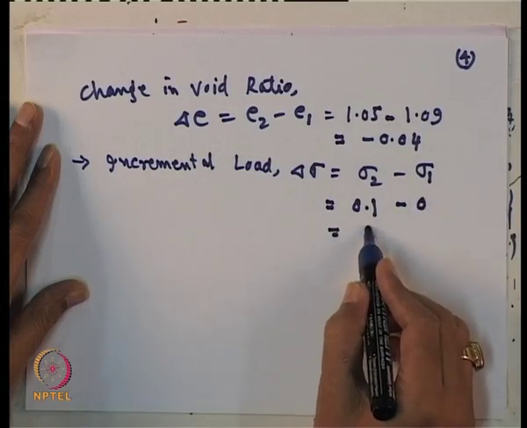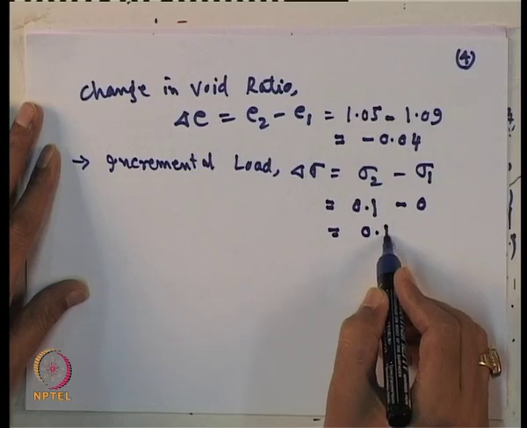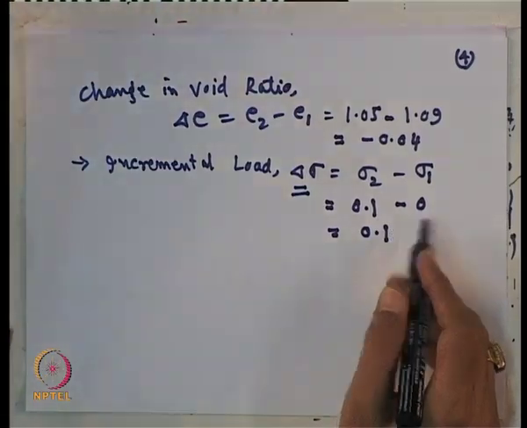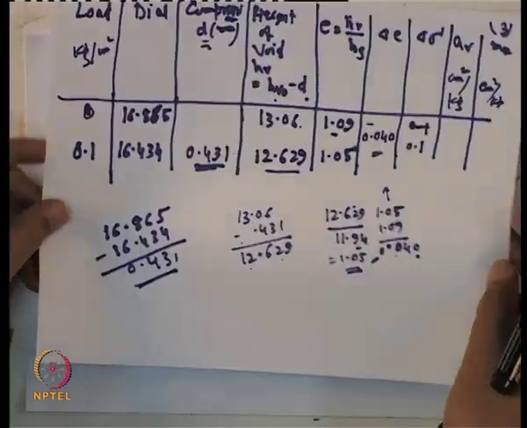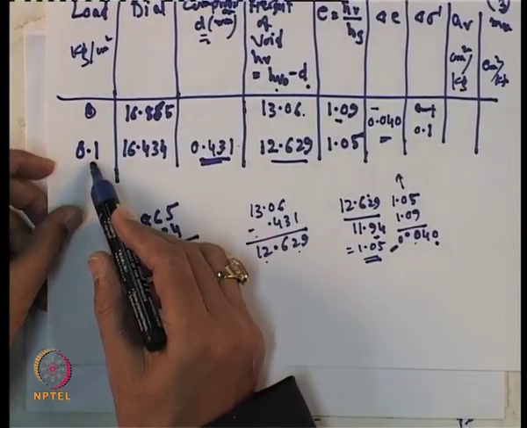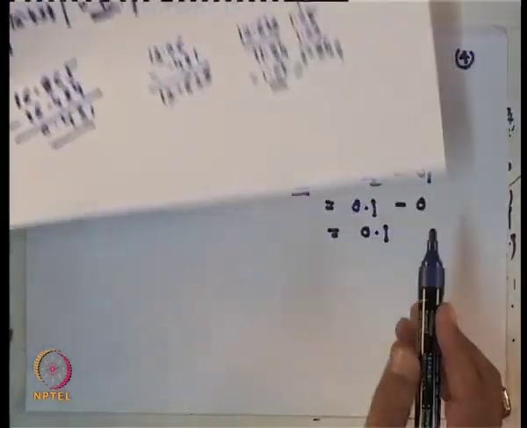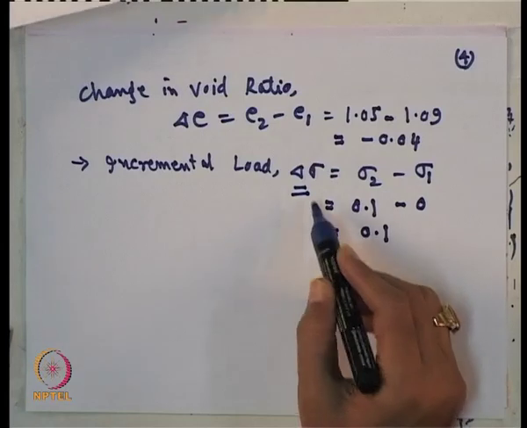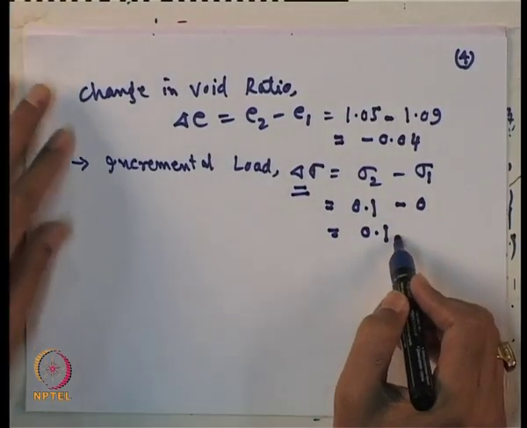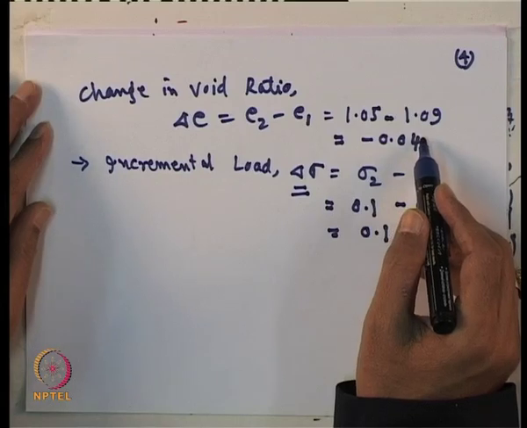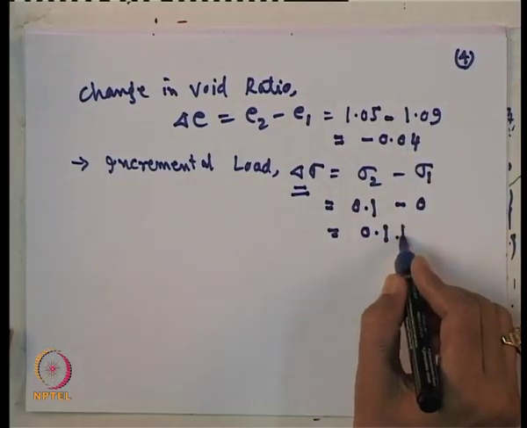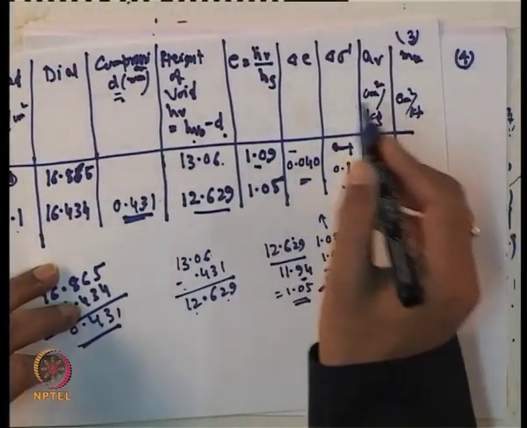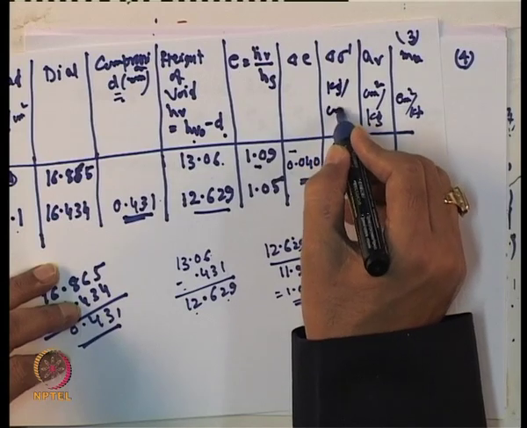So delta sigma will be equal to 0.1 minus 0, that is 0.1 kg per centimeter square.